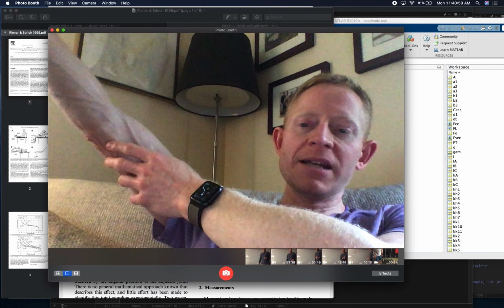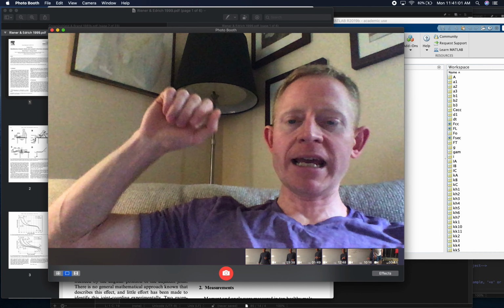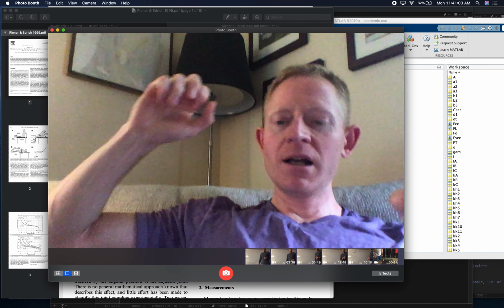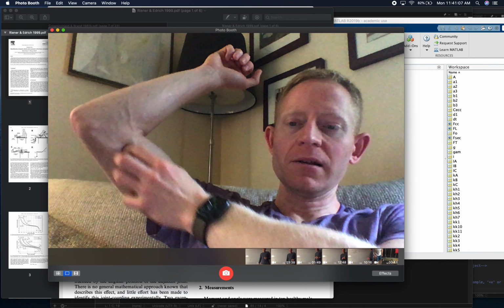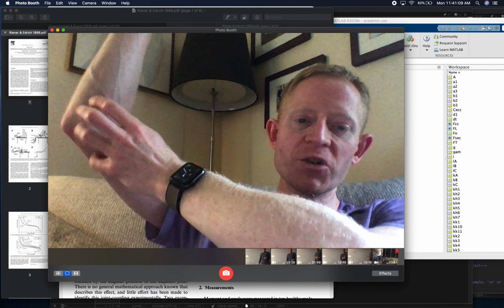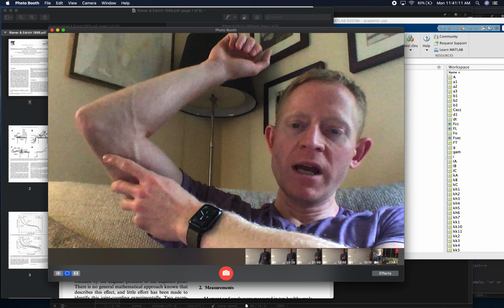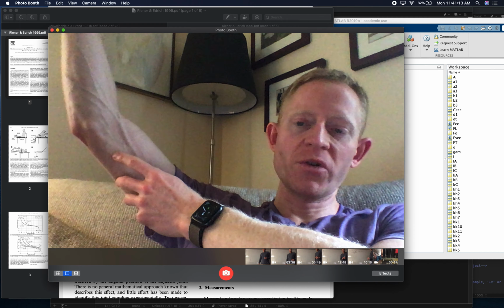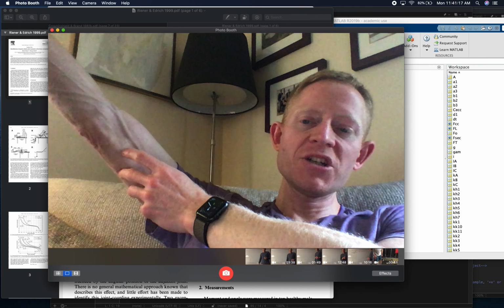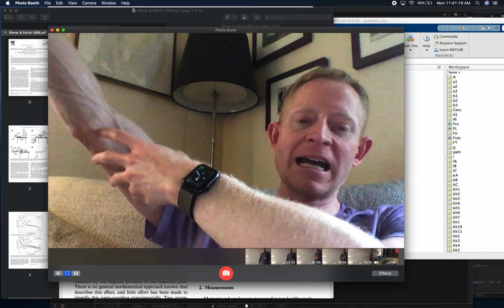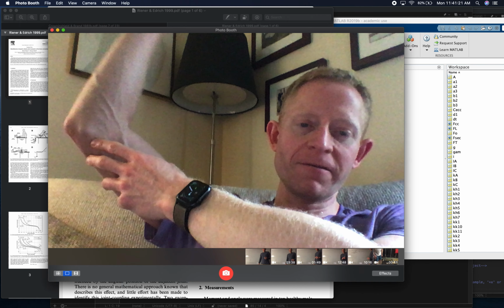Okay? And so ideally, if I want to create a joint level model of that passive moment at the joint due to the length and the stretch in those different joint structures, I would want to measure the angle of the joint, probably across the full range of motion, and I would want to measure the passive moment at the joint at each of those different angles.